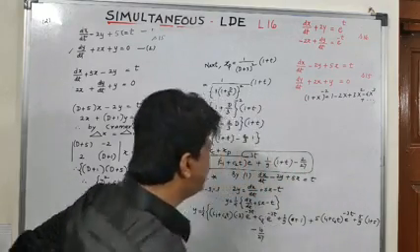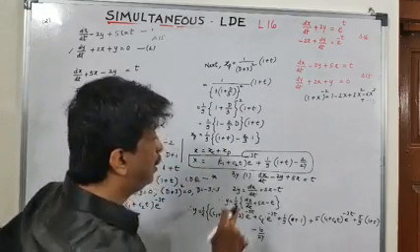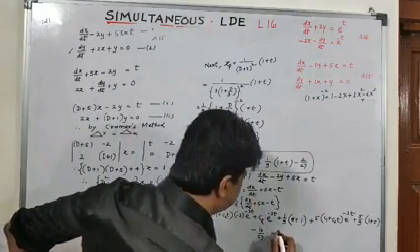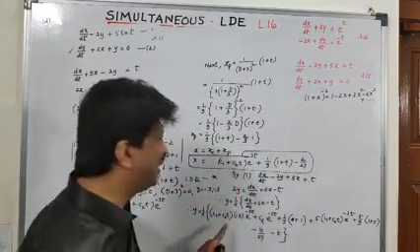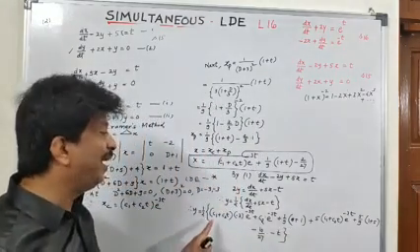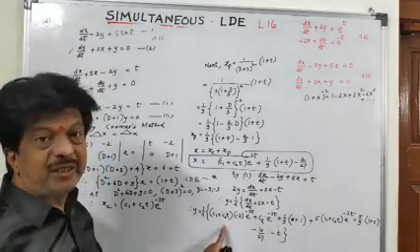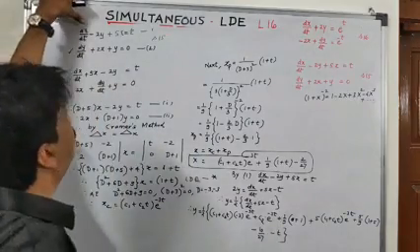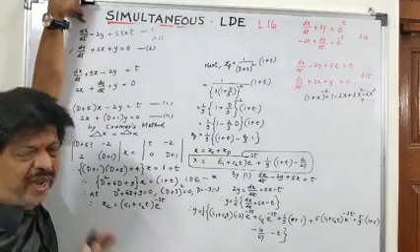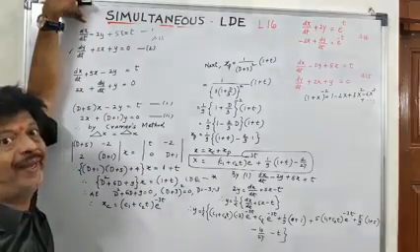This is the value of 5x minus t. So this is the final value of y, determined from this first equation, the equation which contains y only, not dy by dt.